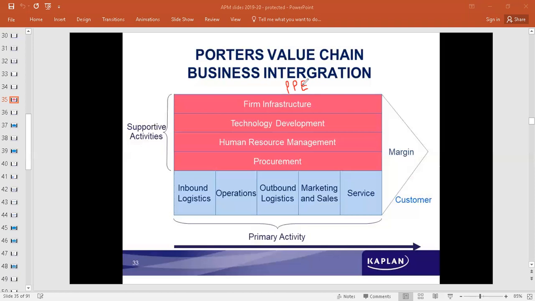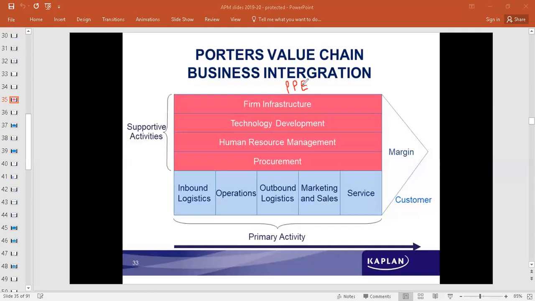You must have learned lead time in inventory management. So there is an activity which is involved in acquiring the material, procuring the material. That's procurement. Once the material is procured, then the inbound logistics and the other activities are carried on.